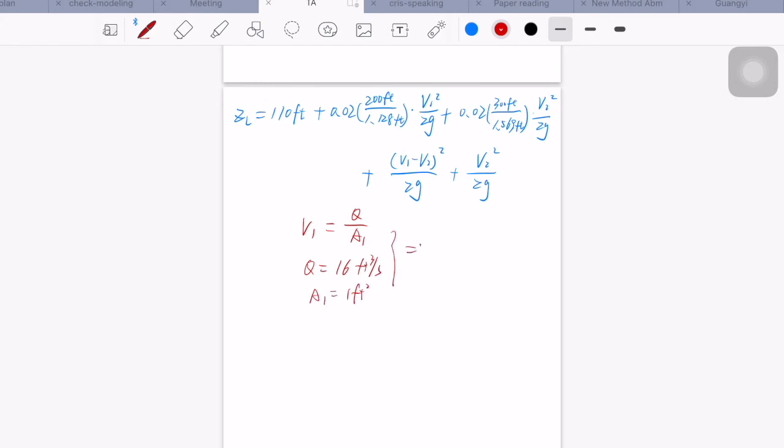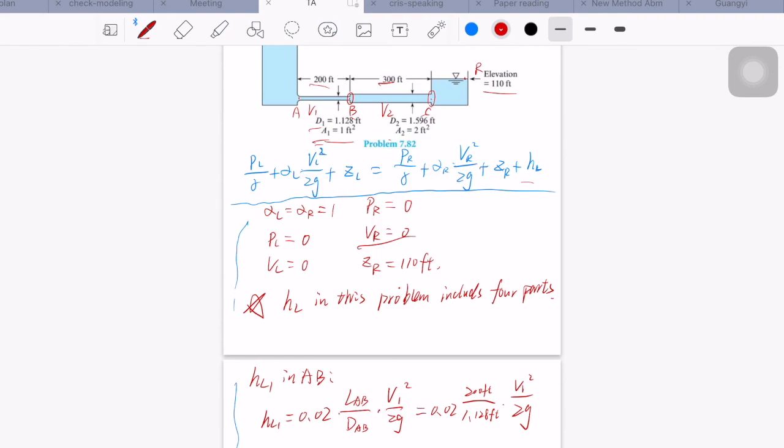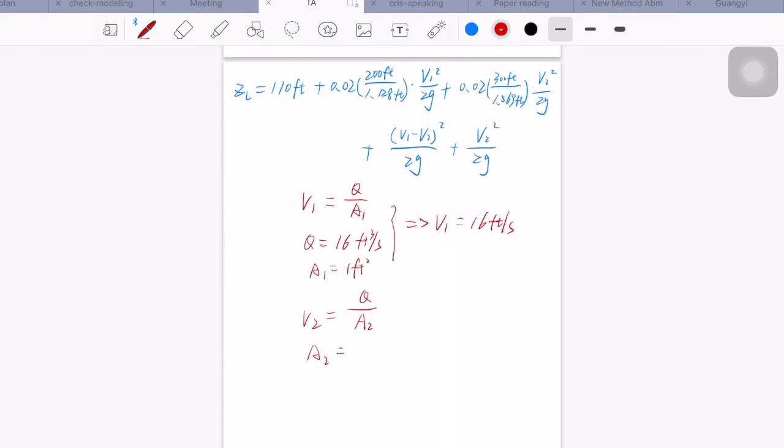So we can get that V1 is 16 feet per second, and V2 is equal to Q over A2, and we know A2 is 2 square feet.